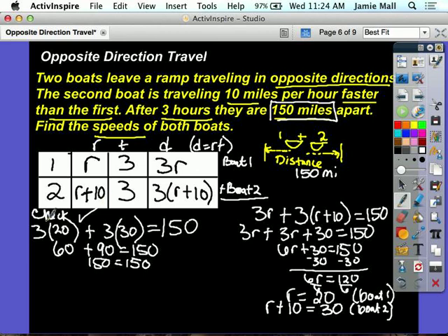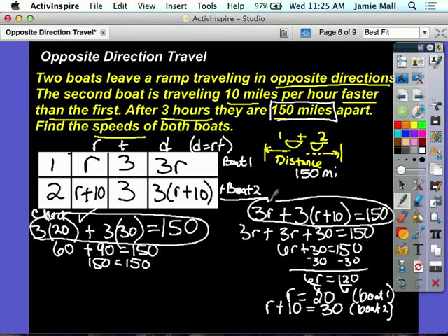So once again, we take our check directly from that original equation. This is simply telling us that the distance of boat 1 plus the distance of boat 2 really is equal to 150. Boat 1 travels 60 miles, boat 2 travels 90 miles.